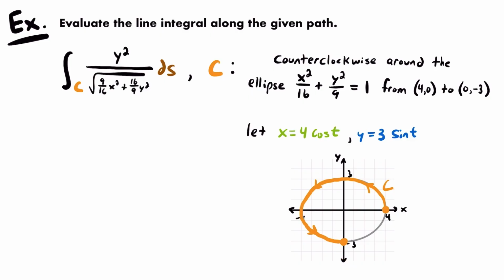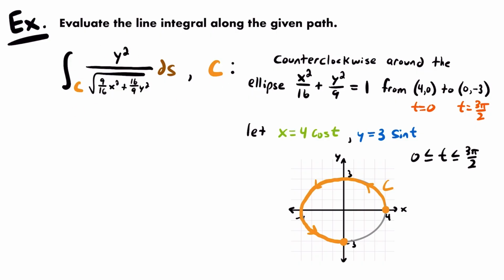So that corresponds to t equals 3 pi divided by 2. We can now conclude that the values of t will be from t equals 0 to t equals 3 pi divided by 2. Or you can write it like this: t is between 0 and 3 pi divided by 2. Okay, so now we have successfully parameterized the ellipse, which is the path C for the line integral.